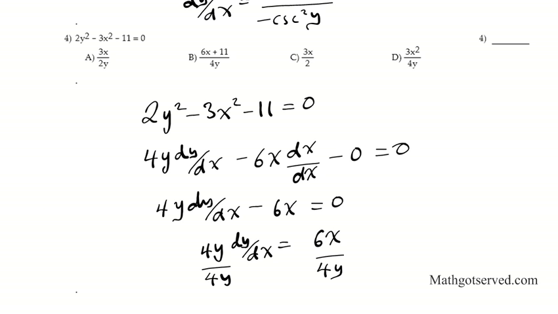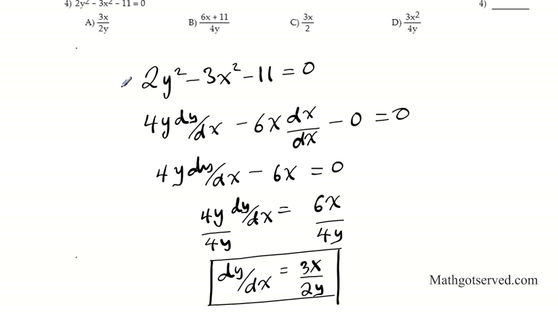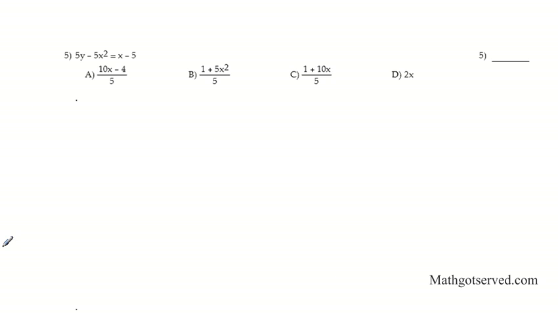And then my final answer, dy/dx, dividing the top and the bottom by 2, is 3x over 2y, and there you have it. Okay? Option letter A for number 4. Alright, let's move on to question number 5.